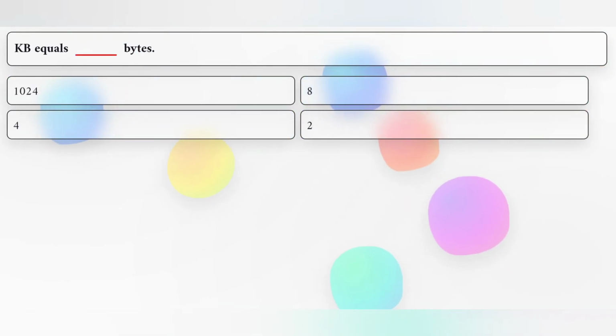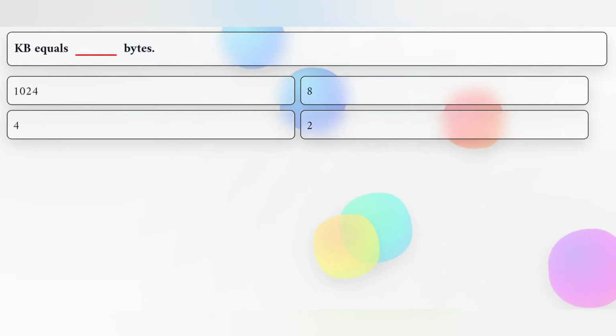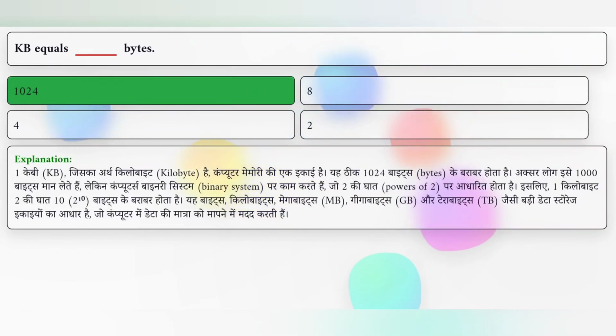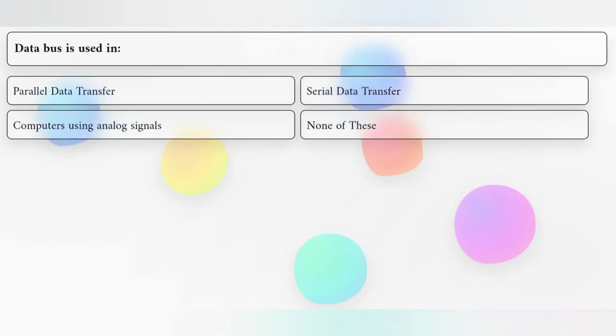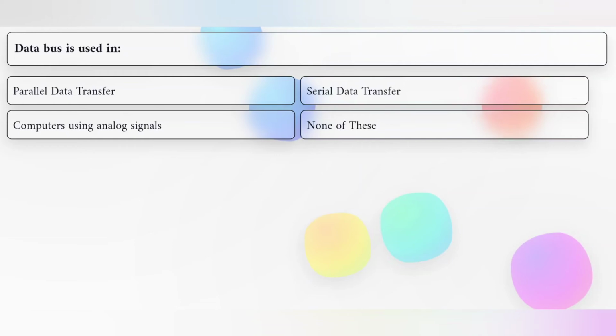KB equals blank bytes 1024 8 4 2. Data bus is used in parallel data transfer, serial data transfer, computers using analog signals. None of these.